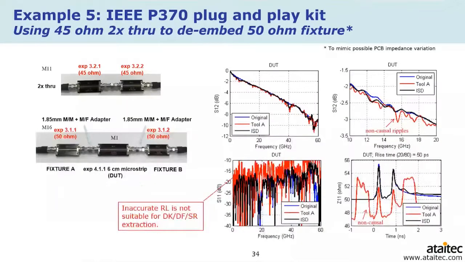Now here's another example, IEEE P370, or now people call it IEEE 370 plug and play kit. To mimic the real world situation, we are using a 45 ohm 2x through to embed a 50 ohm fixture. If you use tool A, basically, it doesn't correlate with the direct measurement, right?